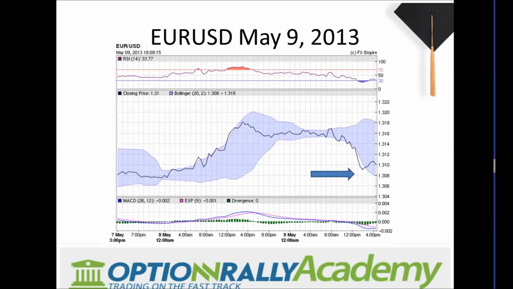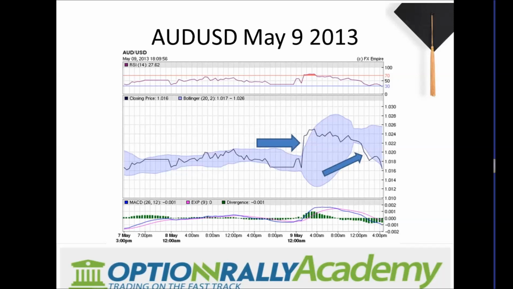Now, what we want to do is preset our charts with the bands up above and below, and then start going through the assets and look at them.